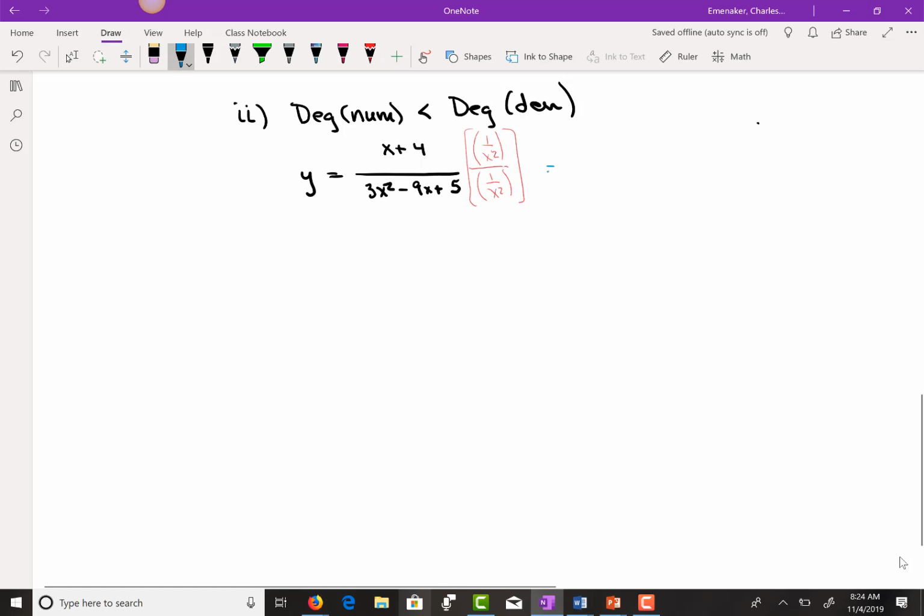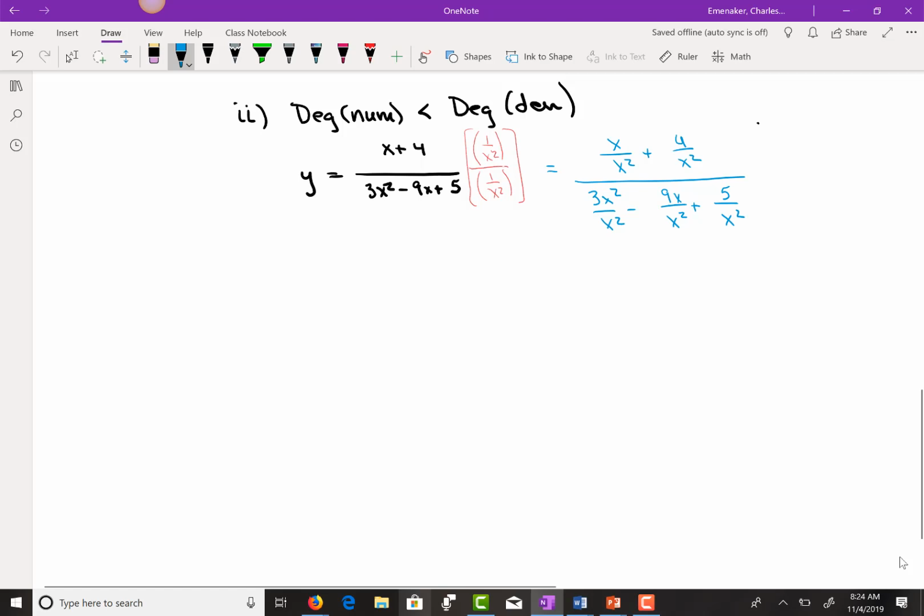What this is going to give us is x over x squared plus 4 over x squared, that whole thing over 3x squared over x squared minus 9x over x squared plus 5 over x squared.